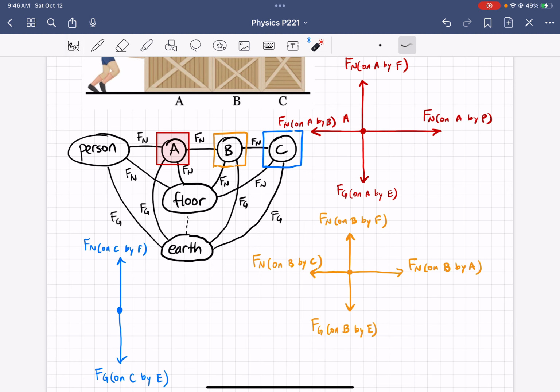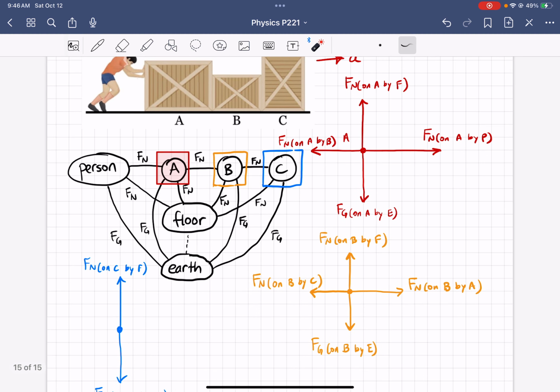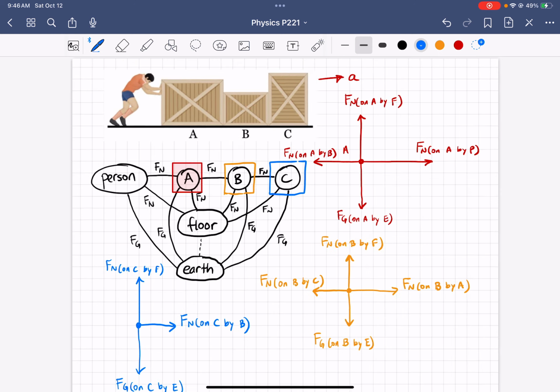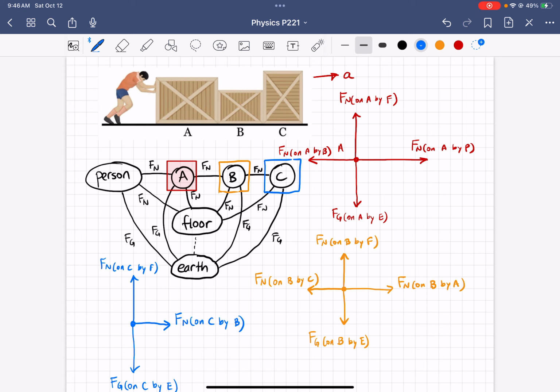Now, those of you who know a little bit more about Newton's third law can do the math and figure out that I haven't actually drawn this accurately in terms of matching the net horizontal forces to the masses of the boxes. So I'm not really worried about that too much yet. This is really just a qualitative exercise just to show you how to identify and label all of the forces.